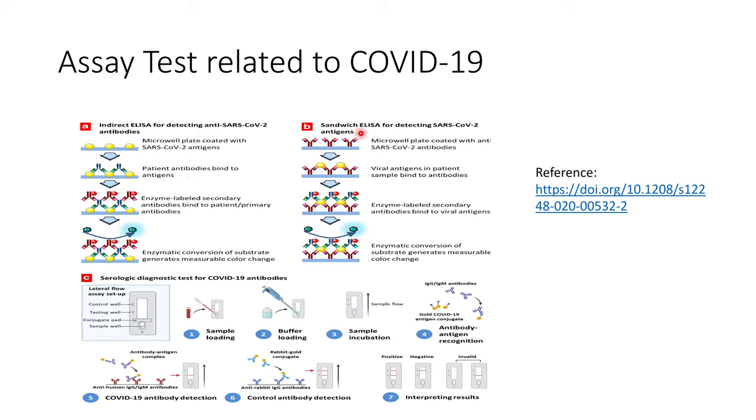The second one is the sandwich ELISA for detecting SARS-CoV-2 antigen, to determine whether the person has SARS-CoV-2 or not.